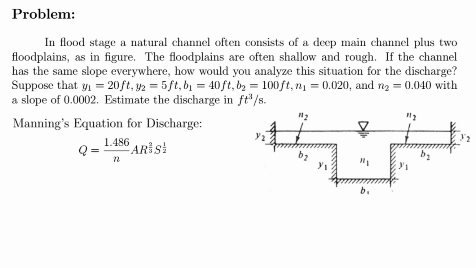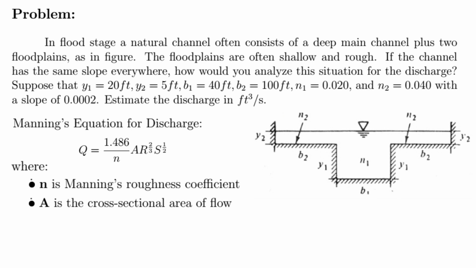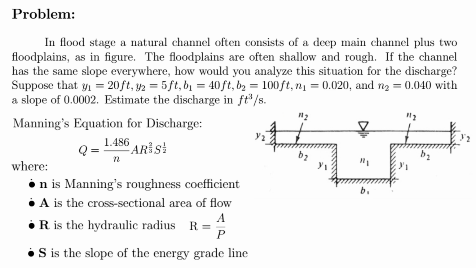To calculate the discharge for the deep channel using Manning's equation, knowing that Manning's equation for discharge is Q = 1.486 over n, A R raised to 2/3, S raised to 1/2, where n is Manning's roughness coefficient, A is the cross-sectional area of the flow, R is the hydraulic radius, which is the cross-sectional area of flow over the wetted perimeter, the length of the channel boundary that is in contact with the water, and S is the slope of the energy grade line.